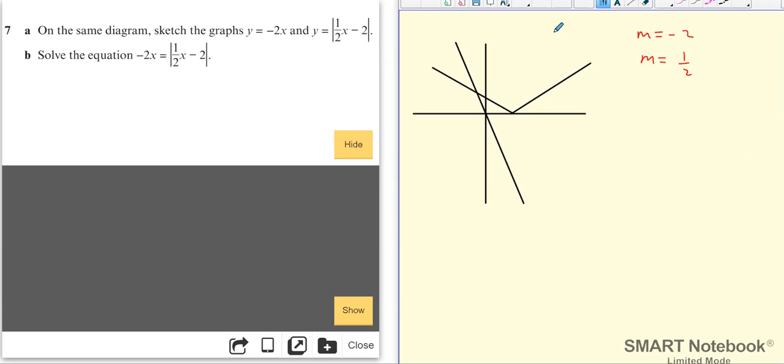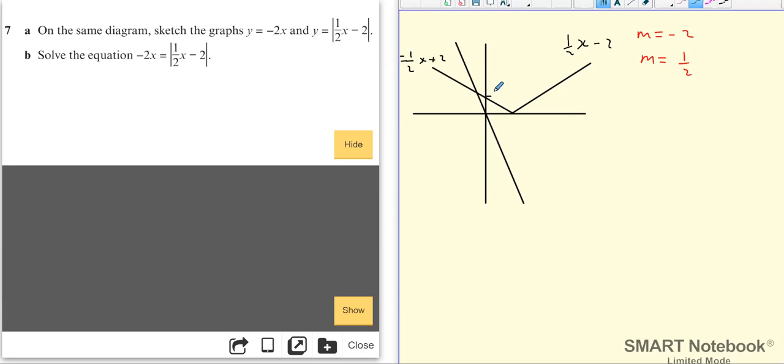And so we have a 1/2x minus 2 here, minus a 1/2x plus 2 here.